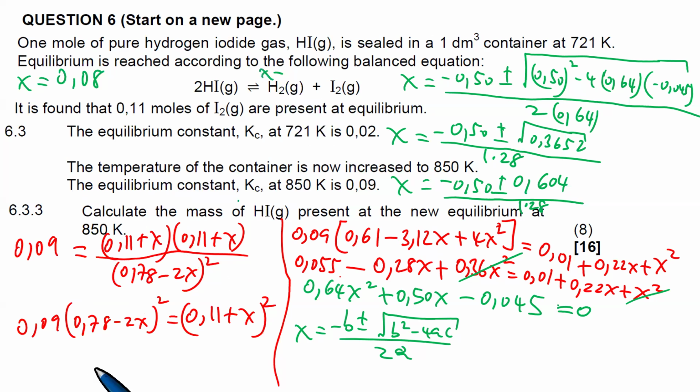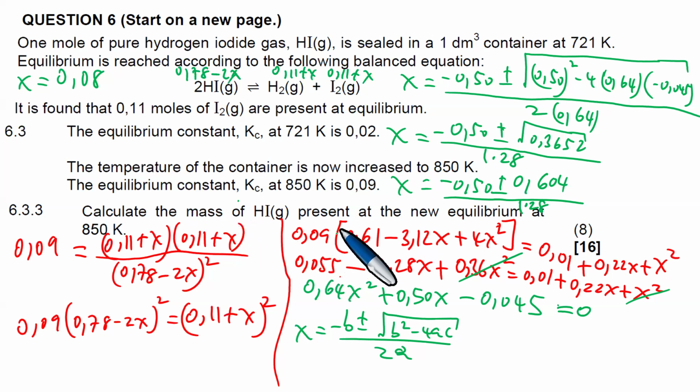It was 0.11 plus x, 0.11 plus x, and this one was 0.78 minus 2x.